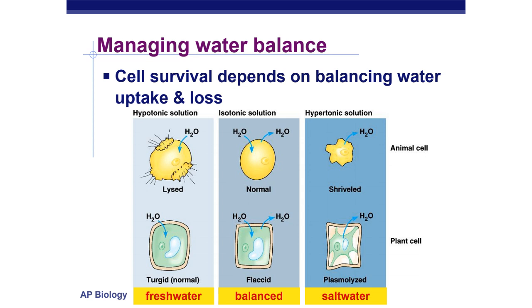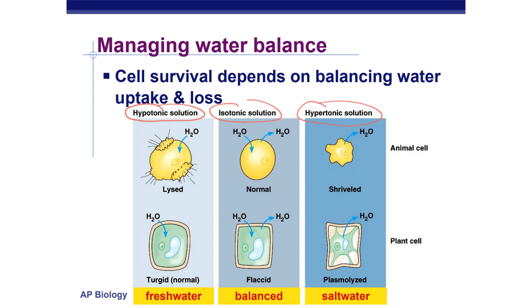So let's look at what this does to cells, because this is a common way that we use this information, when we talk about what it's doing to the cell. When the descriptions that we have right here say hypotonic solution, isotonic, hypertonic, this is the surrounding solution that I've put the cell in.